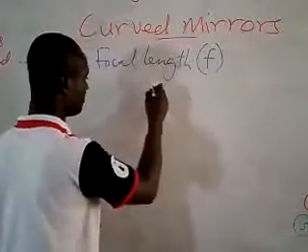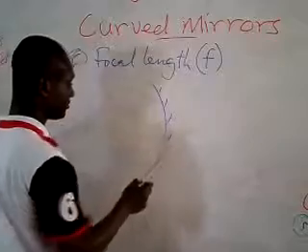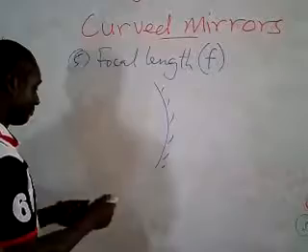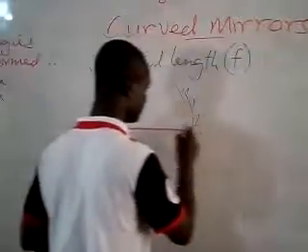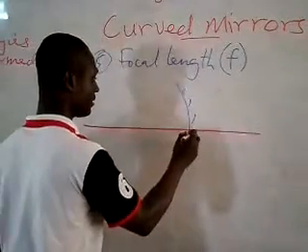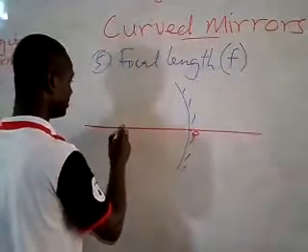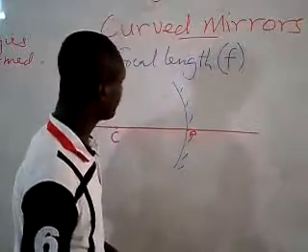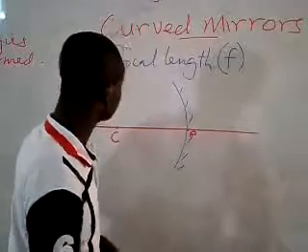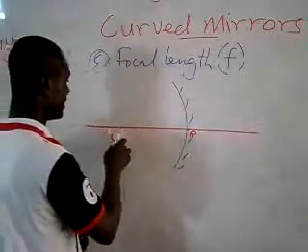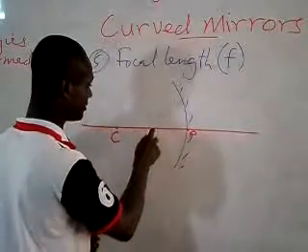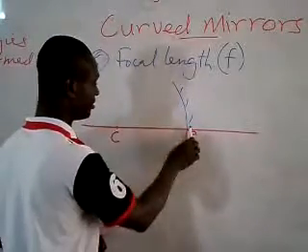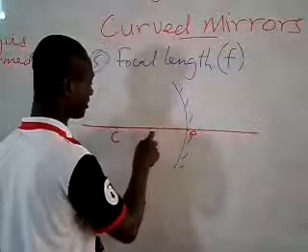And if I have my mirror like this, and then if I draw my principal axis through the pole and then the center of curvature, the focal length becomes the exact difference in between, which we are going to talk about later.